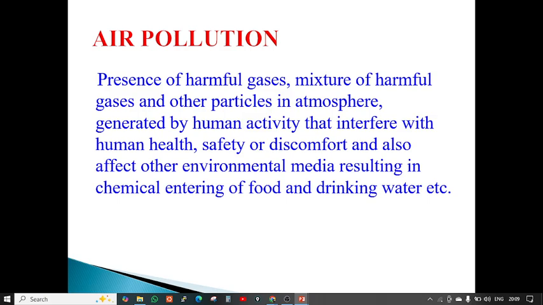All of these can cause serious health injury to organisms, particularly humans.